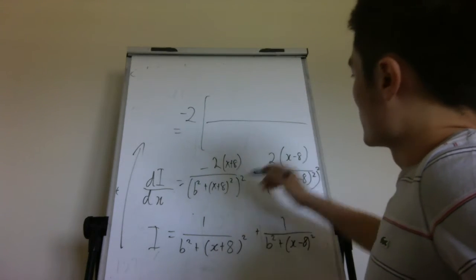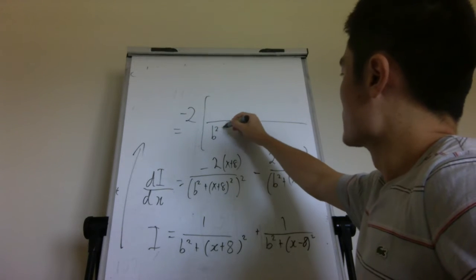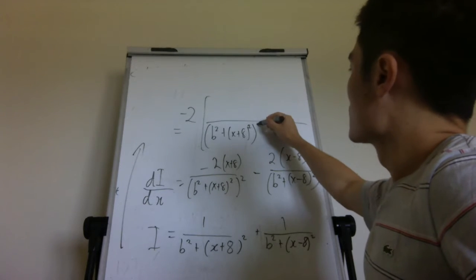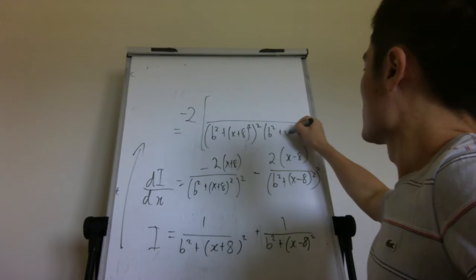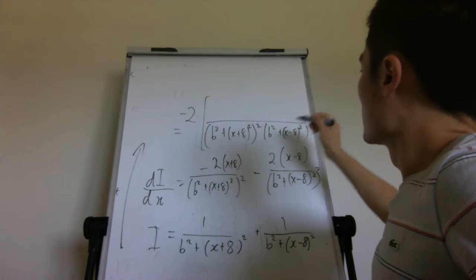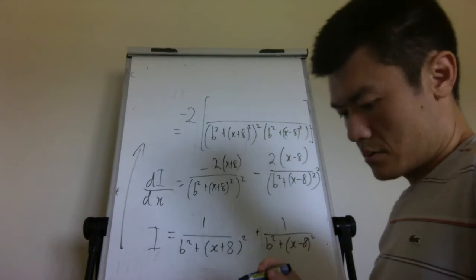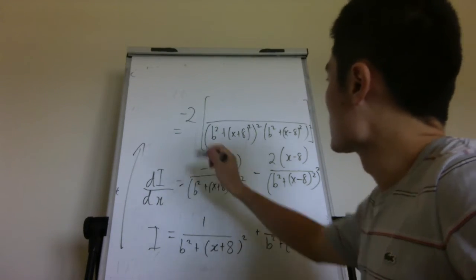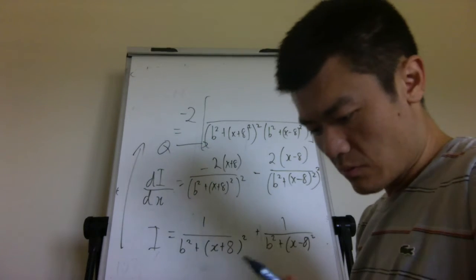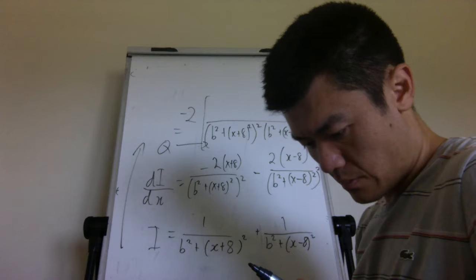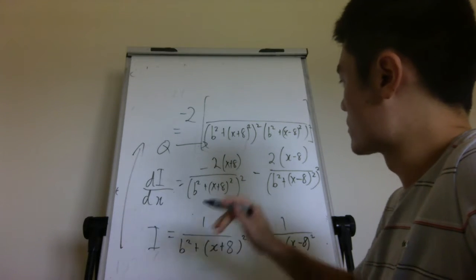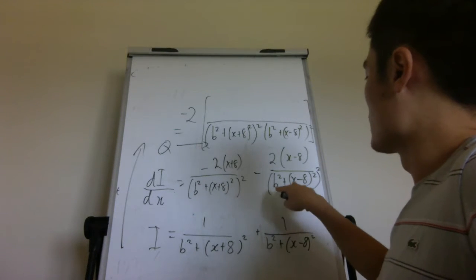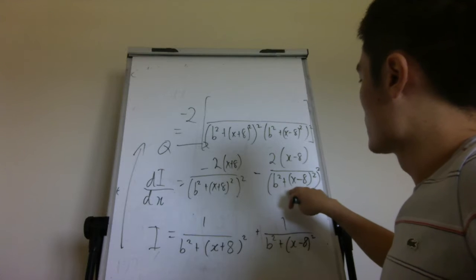So minus 2, and then on the denominator we get b squared plus x plus 8 all squared, times b squared plus x minus 8 all squared. Notice that that's actually equal to q. So we already got the minus 2 over q happening. We just need to get the p. To get this common denominator, we times top and bottom here by this.